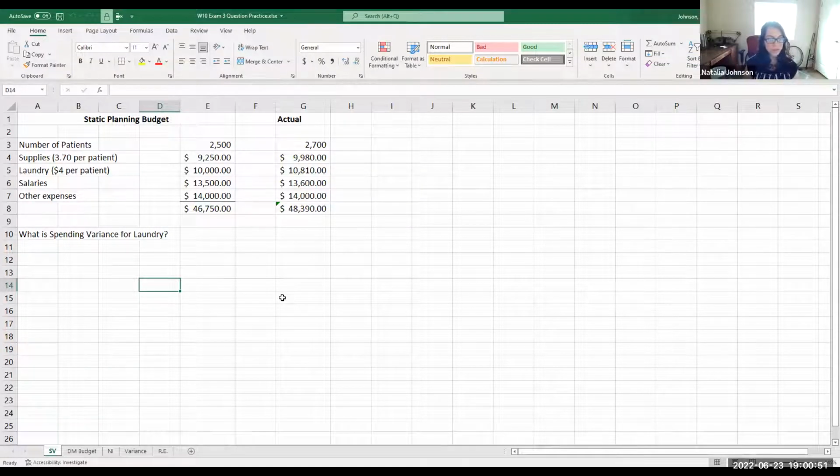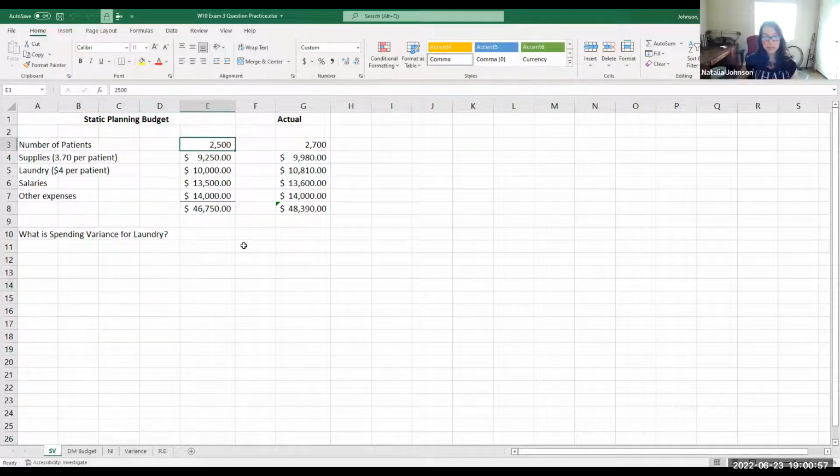So in this first question, like in most questions, they give you budgeted units, like they budgeted 2,500 patients, but they actually had 2,700 patients, or units or whatever. So just remember to ignore that budget unit when it comes to chapter 9, okay?